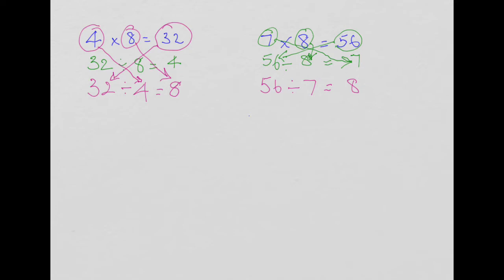Let's do one more. So here's our one more. 9 times 3 equals 27.